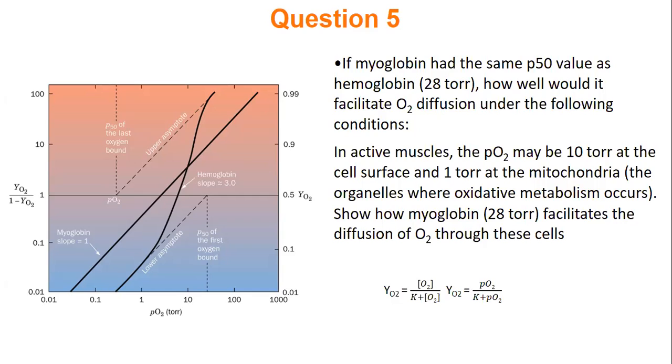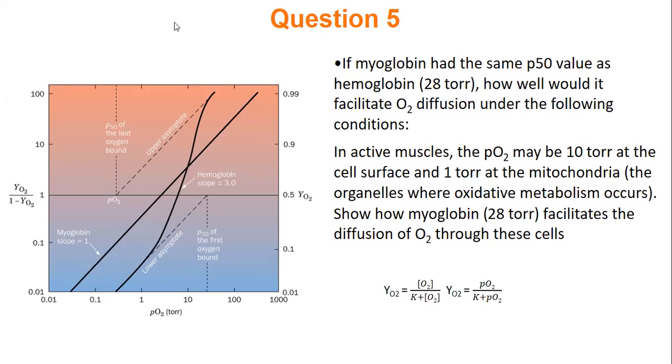So one of the thought experiments I want to do is, let's say myoglobin had the same P50 as hemoglobin instead. How well would this new hybrid myoglobin, or let's say, how well would hemoglobin transfer oxygen from the cell surface to the mitochondria?